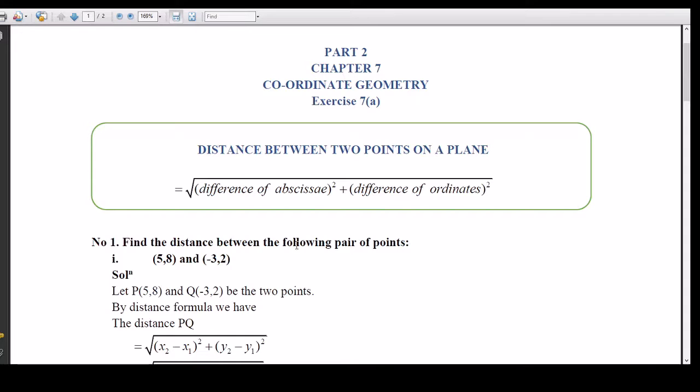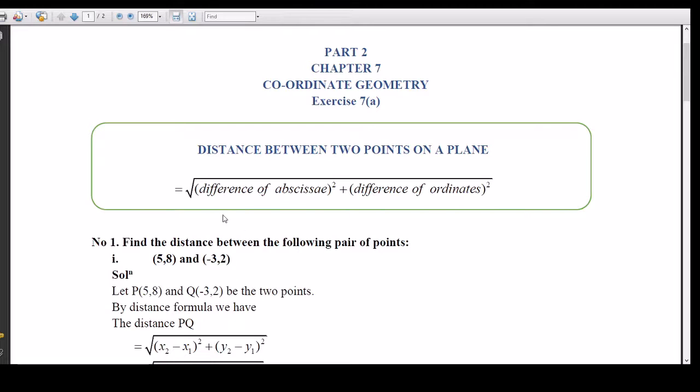Find the distance between the following pair of points. The first point is 5, 8. That means x is 5, y is 8. The second point is minus 3, 2. That means x is minus 3, y is 2. Clear?